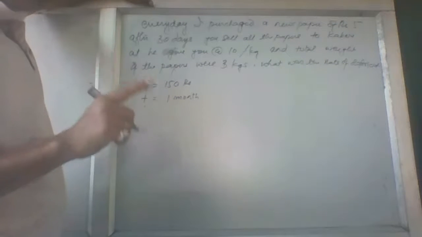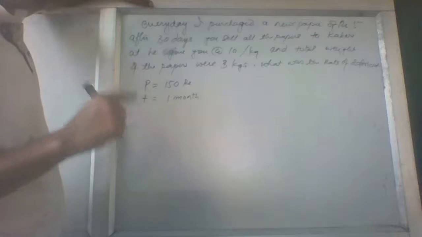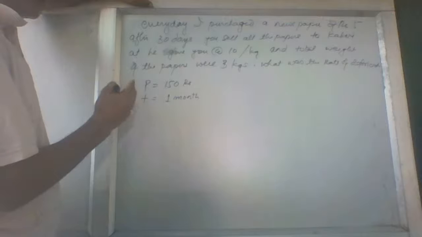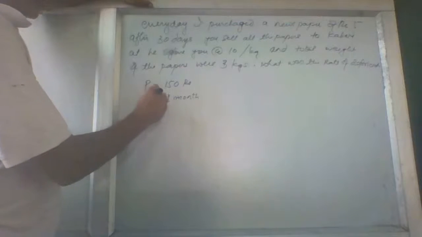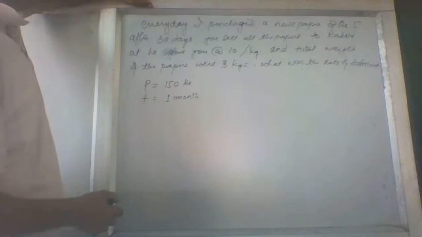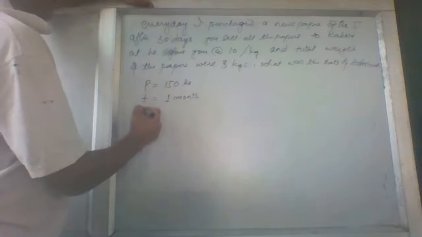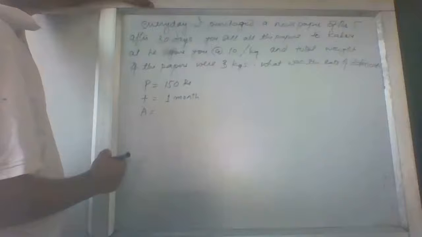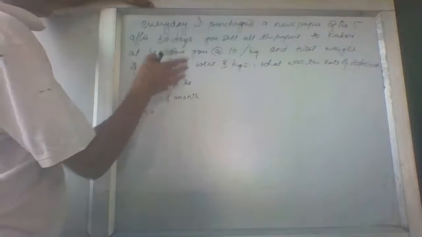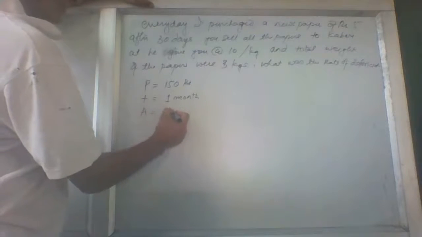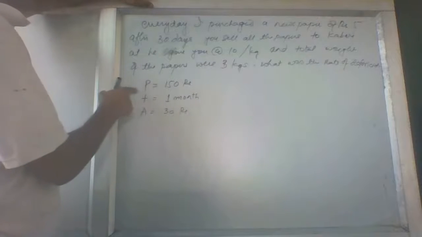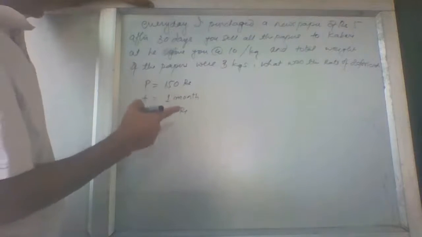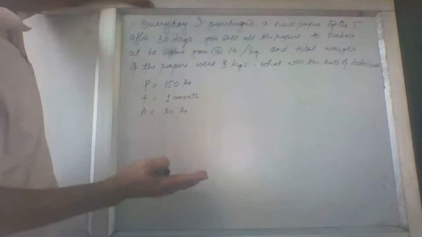I will consider 1 month as 1 year, because everything is very small, so I have to see it as 1 year. And the amount I get is 10 rupees a kg, and its total weight was 3 kg, 10 into 3, 30 rupees. So I invested 150 rupees and I am getting back 30 rupees. It means depreciation is there, but I don't know what the rate of depreciation is.